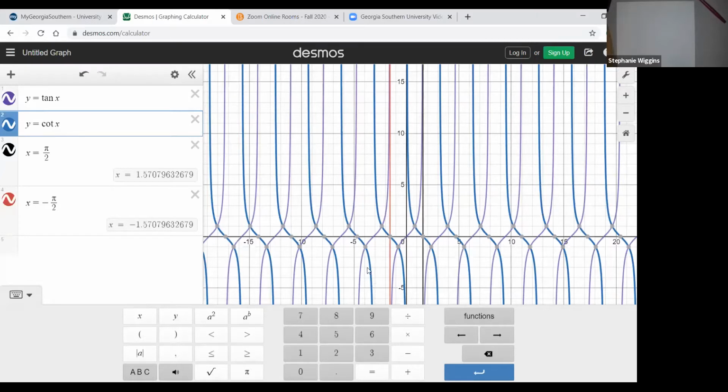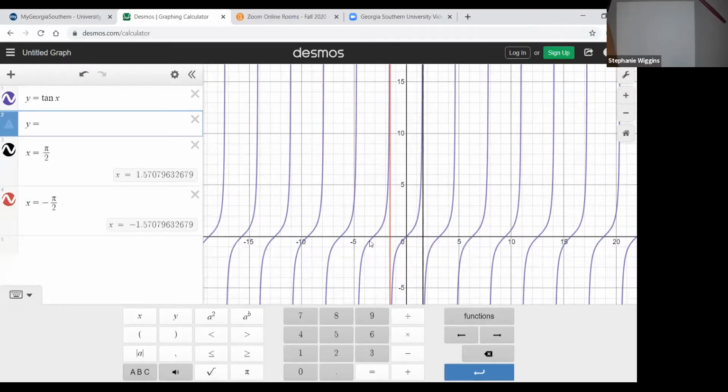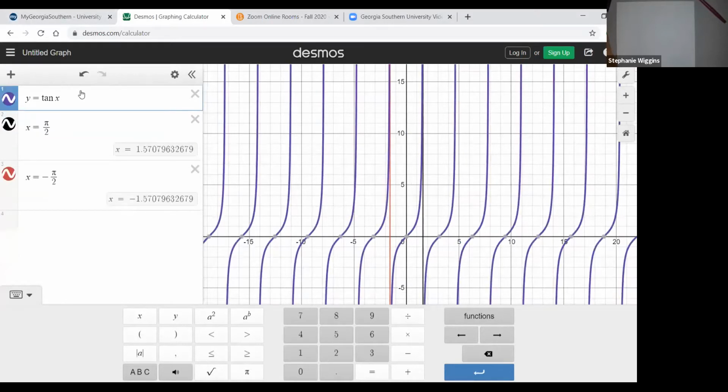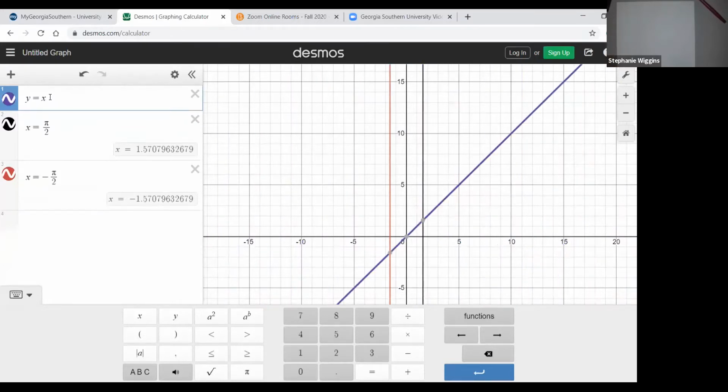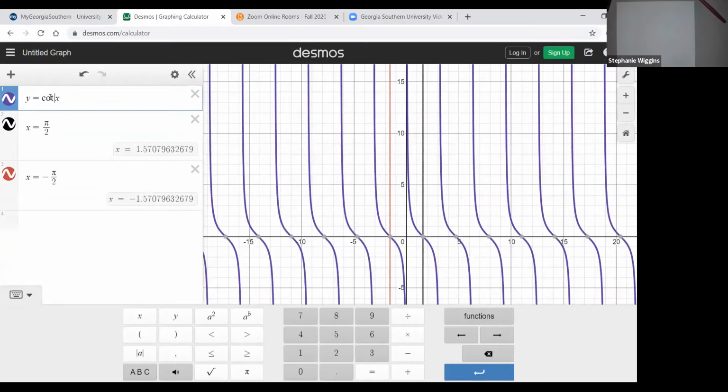So here's tangent. This is the tangent. And then if I get rid of that, cotangent is, the period is not between negative pi over 2 and pi over 2 for cotangent.